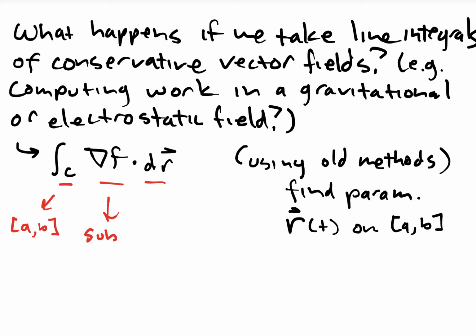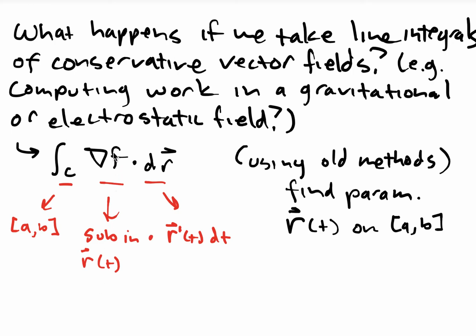Okay, so I'll go ahead and note to fix that, you would have to substitute in whatever r of t is, and then to fix your differential, well, we usually replaced the differential with basically r prime of t dt.